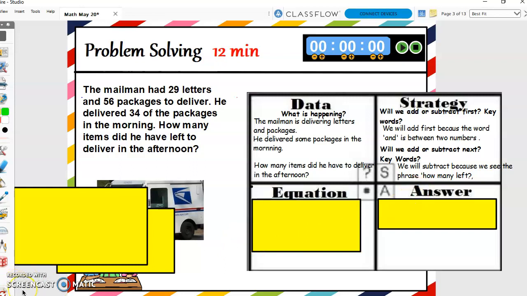Okay, so I'm going to pause. I want you to pause the video and write this down in your strategy. Then we're going to move on. Okay, boys and girls. So the strategy, you have it written down, you have data written down. Please put your math journals in your desk, and we're going to move on.